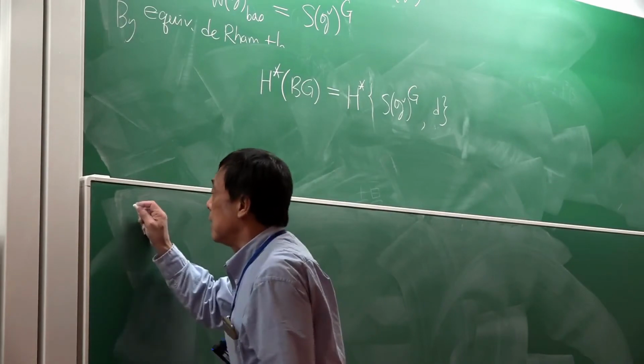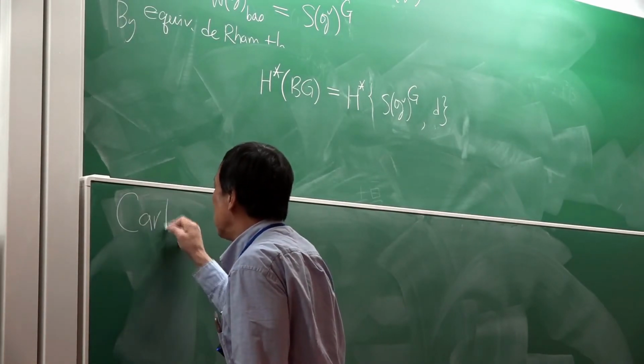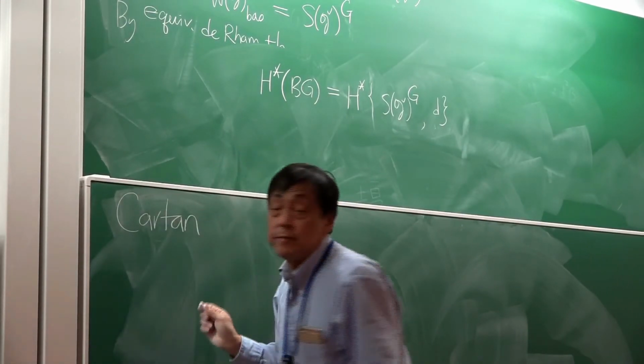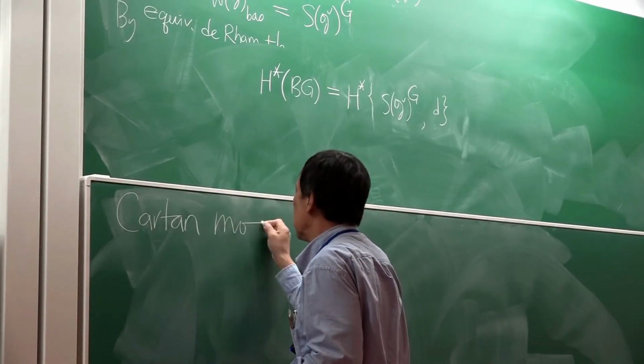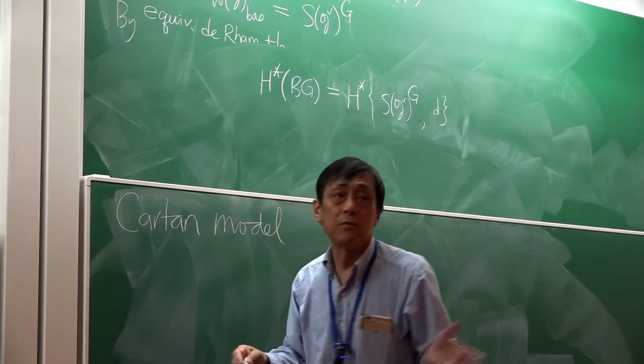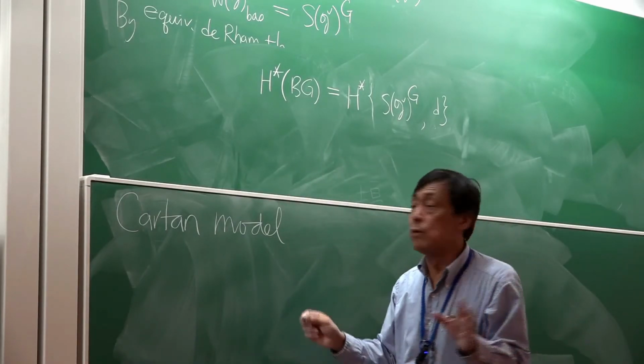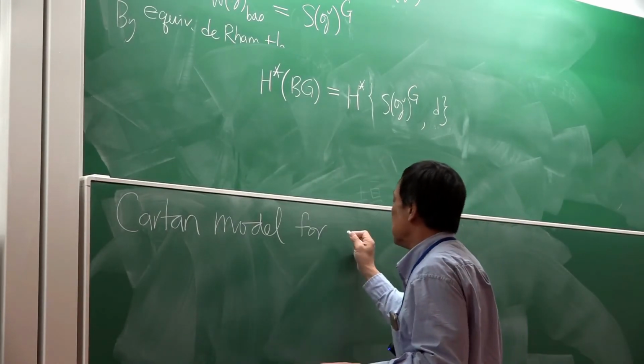Okay, now a simpler model than the Weil model is the Cartan model. Okay, so I'm going to derive the Cartan model for a circle action first.